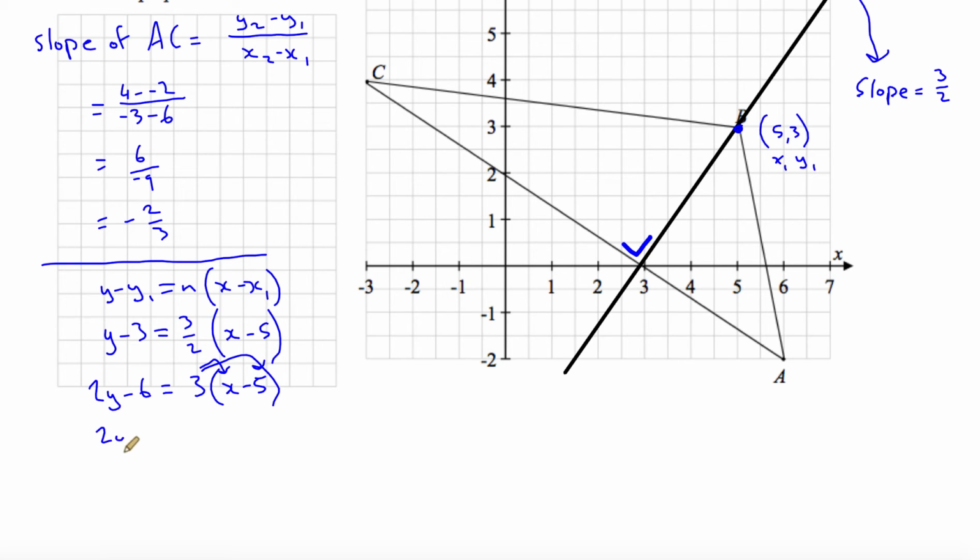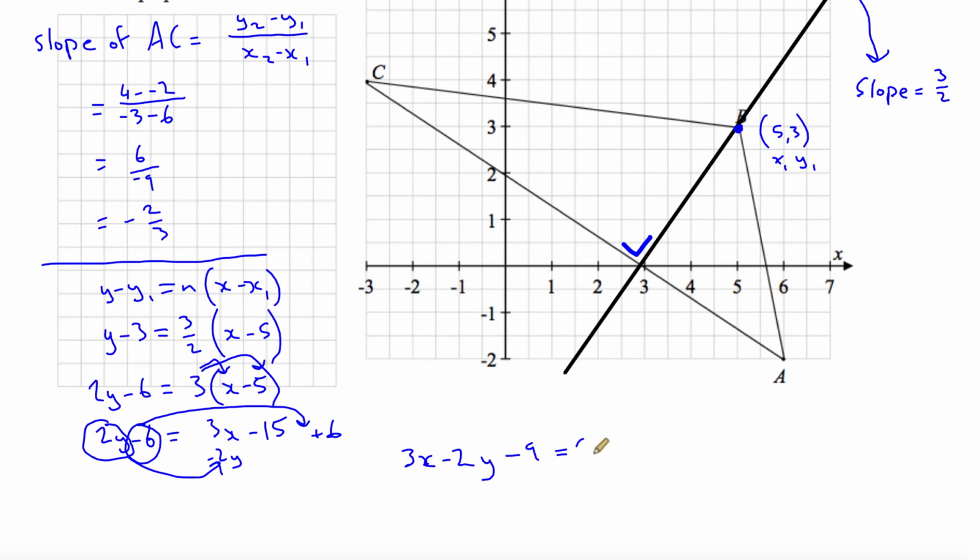So that gives me 2y minus 6 is equal to 3x minus 15. So now you can bring the 2y over here, it becomes a negative 2y. And the minus 6 over here becomes a positive 6, leaving me with 3x minus 2y minus 15 plus 6, which is minus 9, equal to 0. So that's the equation of the line.